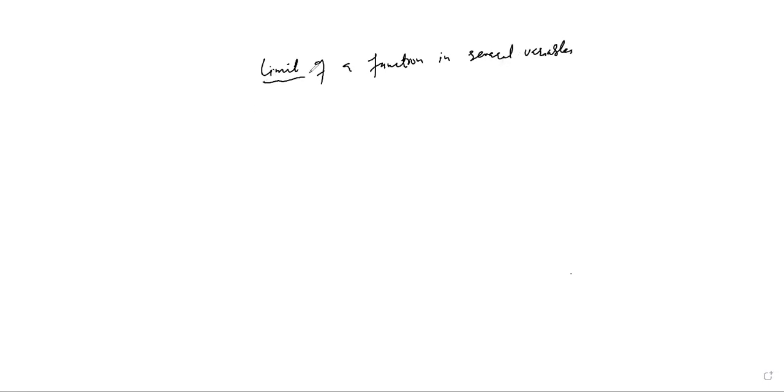So for this, what we need, firstly, we need a function f of x comma y, and we need a real number and a point where we have to check its limit exists or not.